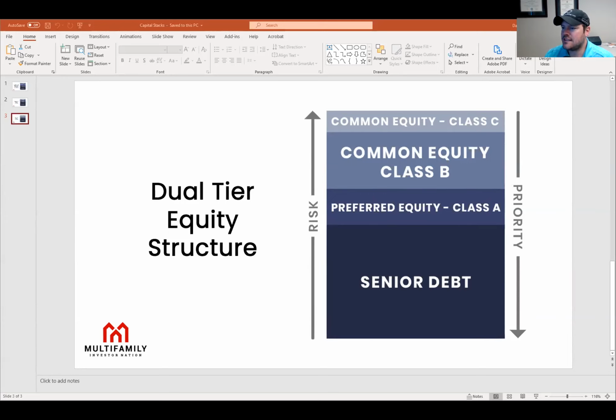Do you have to be a real estate professional to get the tax benefits? To get the optimal tax benefits, yes, real estate professional status is definitely where you want to be. But you can still get some tax benefits from these deals, because the cash flows that you're making off the deals year over year can be offset by depreciation.